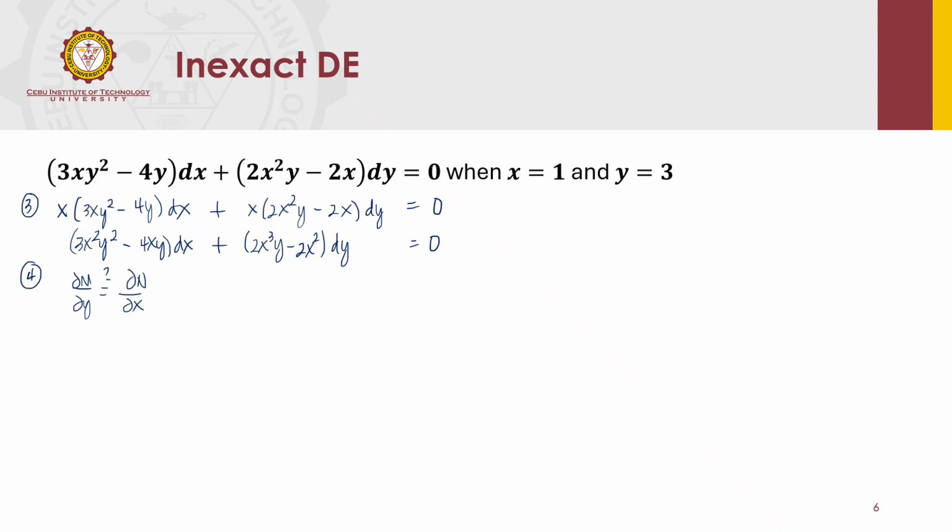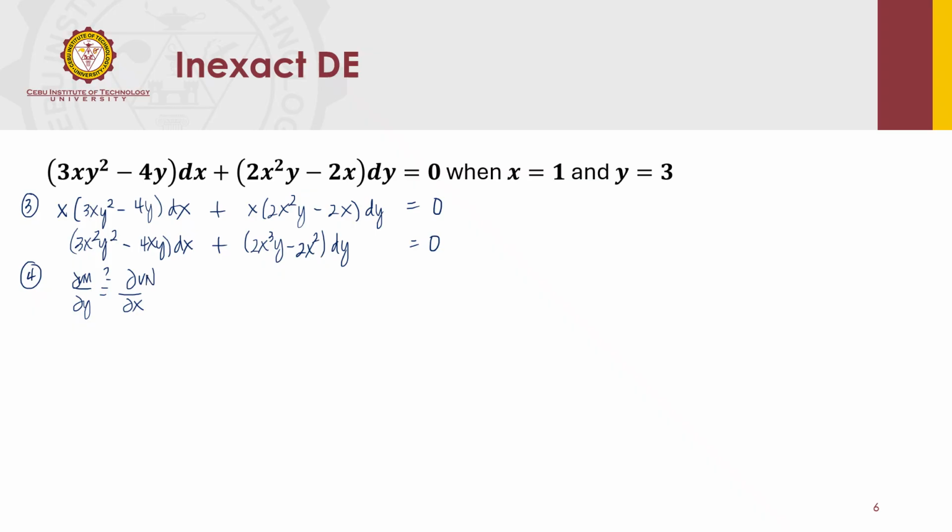If we retain the original letters, it's v times m, or you can just label it as m, as long as you know that it is the new m, and also the new n. So this should be v times n.